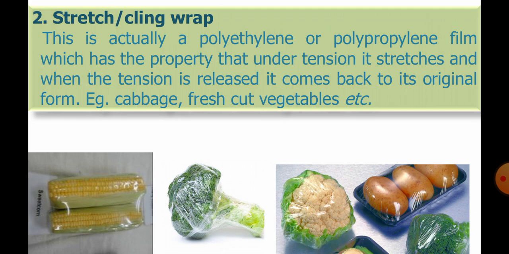The whole operation can be carried out without application of any heat. You just create tension so that it expands, place the produce inside, and when the tension is released it returns to its normal form and holds the fruit or vegetable body tight. It is mostly suitable for cabbage, fresh cut vegetables, as well as sweet corn, baby corn, or different produce.